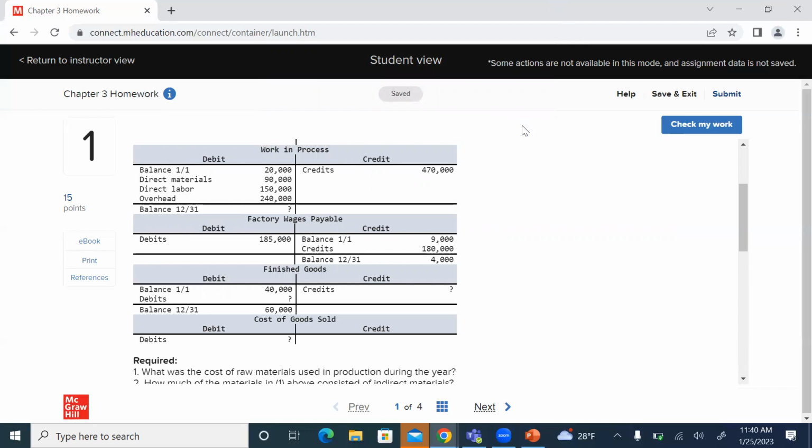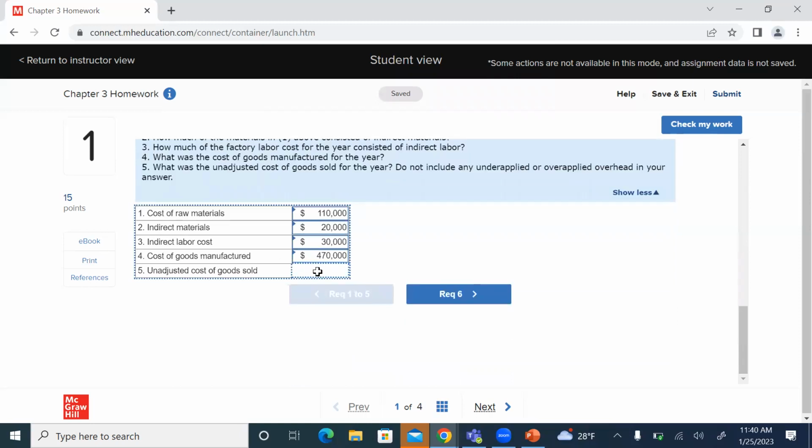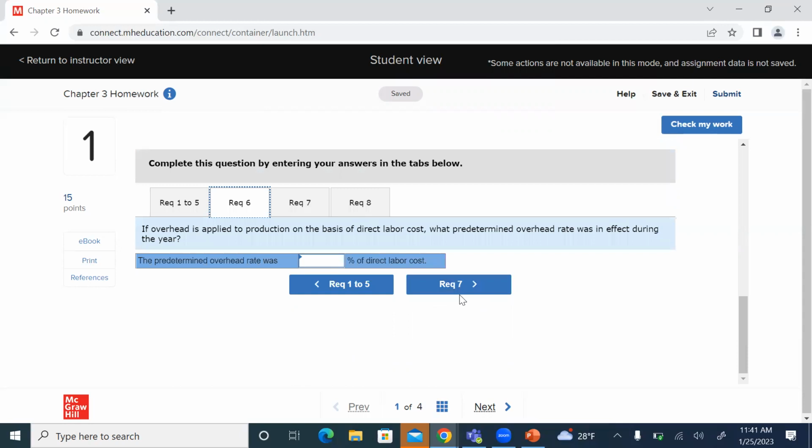Wouldn't the difference have been sold? Do you see how the goal is to learn the flow of where the products go? So the difference between the 40 plus the 470 is 510. What got transferred out, which means sold? 510 minus 60 is what? That is what had to have been sold. Now in here, we're not really focusing on any underapplied or overapplied here. We're just focusing on the numbers. Okay?